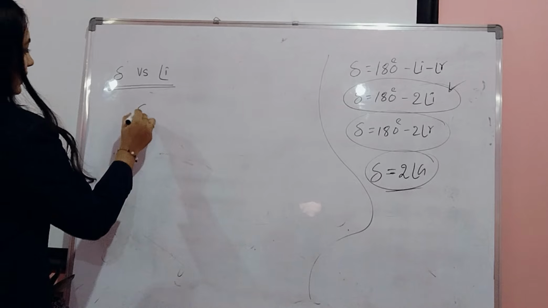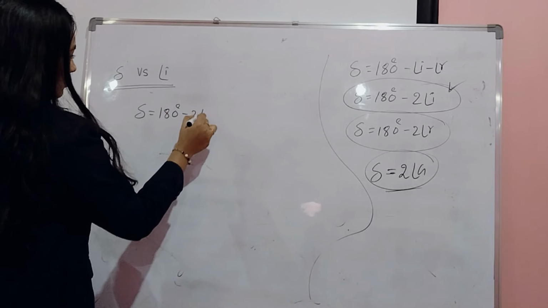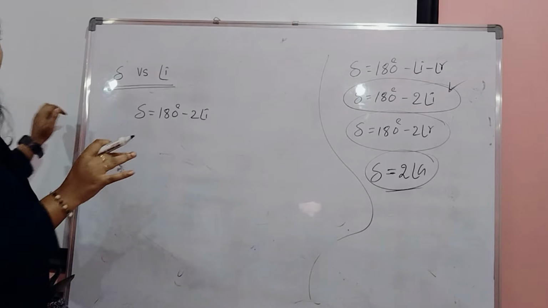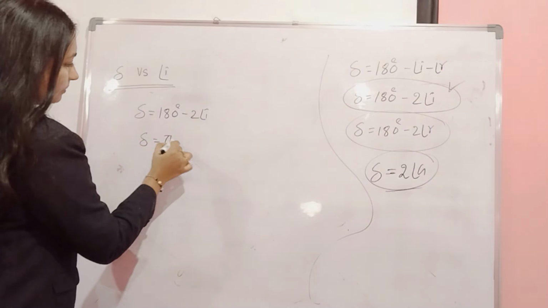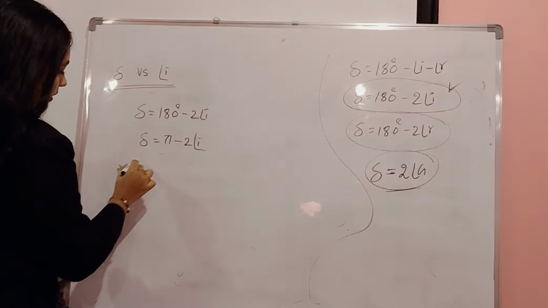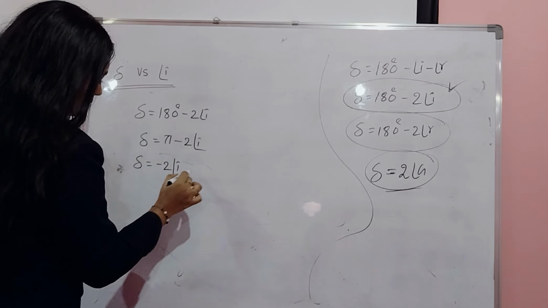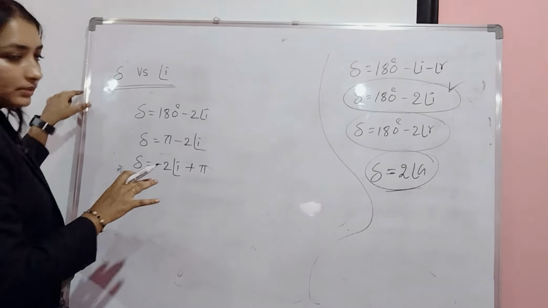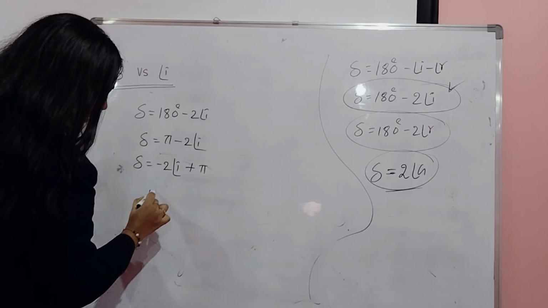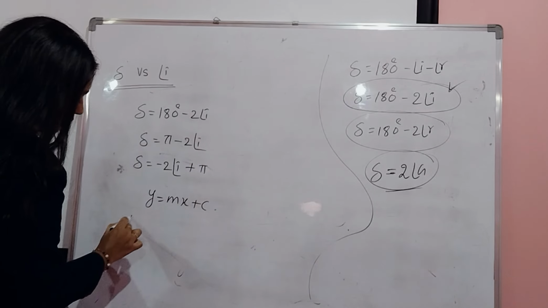Okay, so delta is equal to, what is the formula? 180 minus 2 times the angle of incidence. So delta is equal to pi minus 2i. I am just rearranging the terms: delta is equal to minus 2i plus pi. So if you compare this with the equation y is equal to mx plus c, what is the slope here?